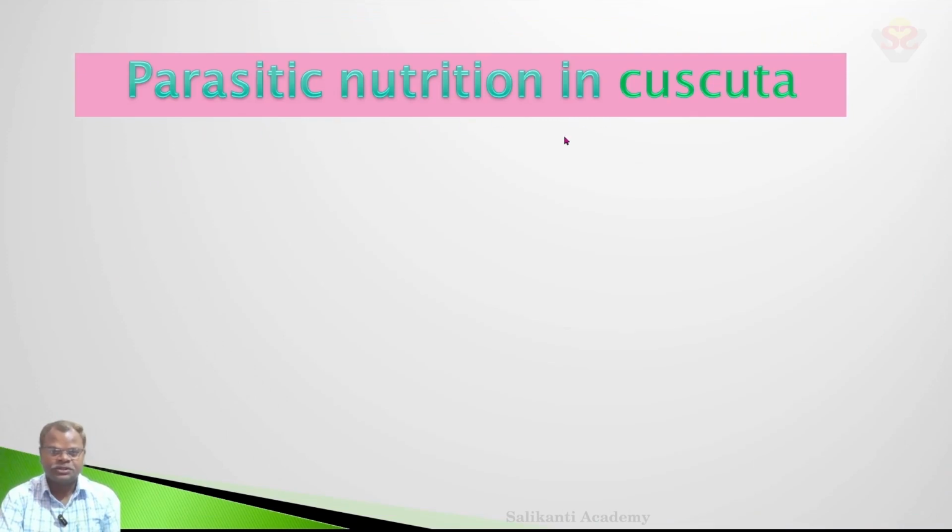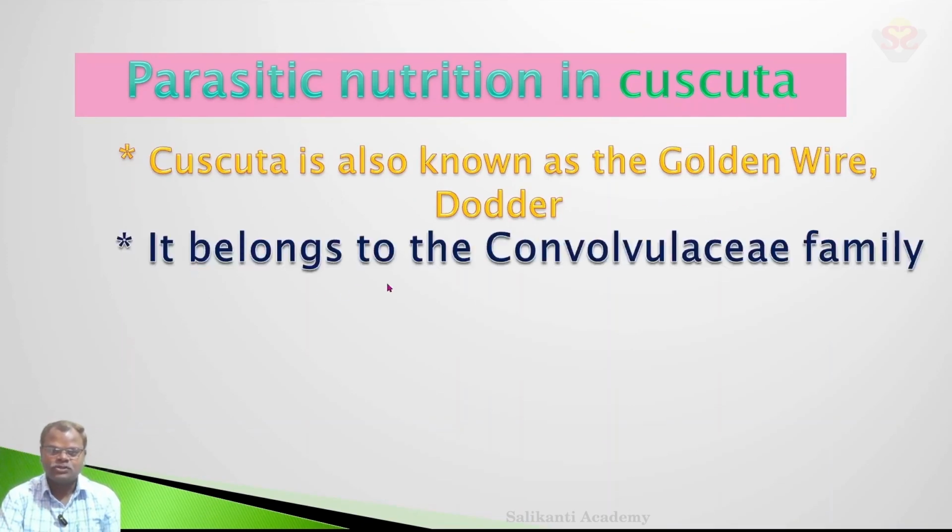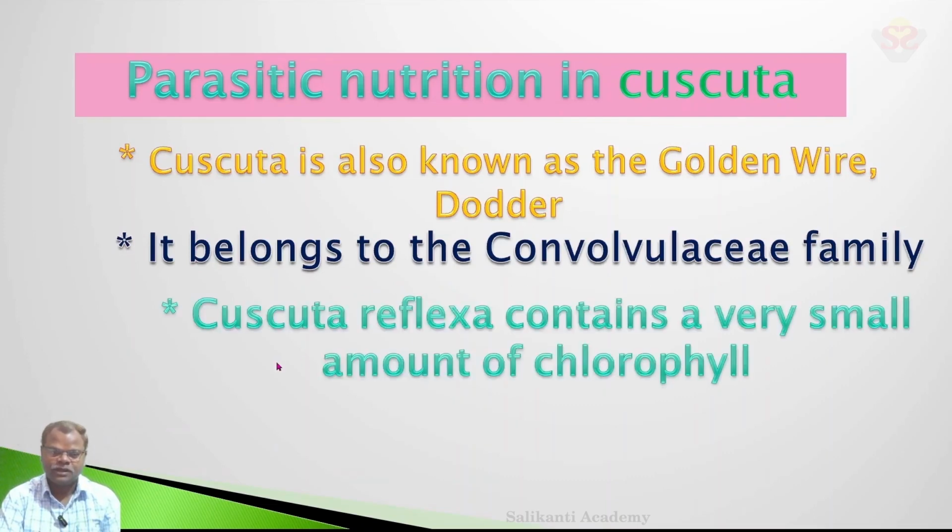Parasitic nutrition in Cuscuta. Cuscuta is also known as the golden wire dodder. It belongs to the Convolvulaceae family. Cuscuta reflexa contains a very small amount of chlorophyll.